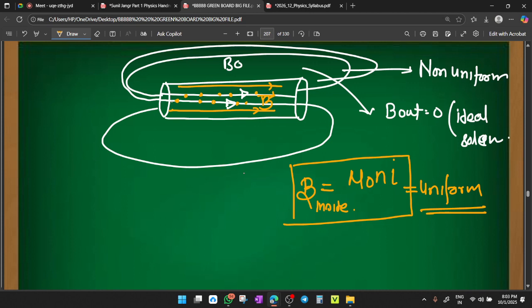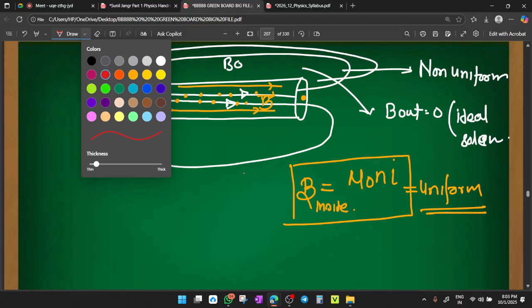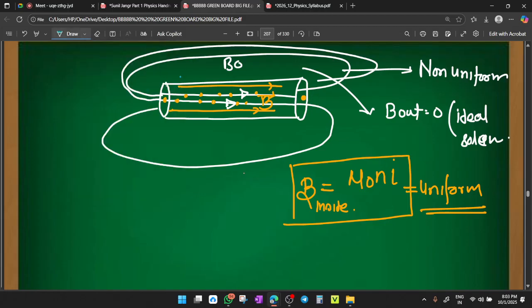And at the end points of the solenoid, like these points, what is the magnetic field?